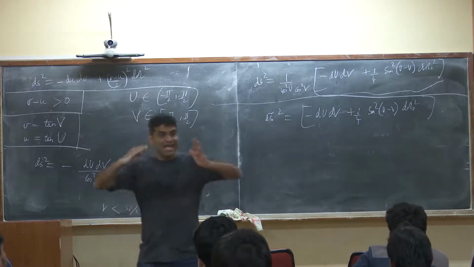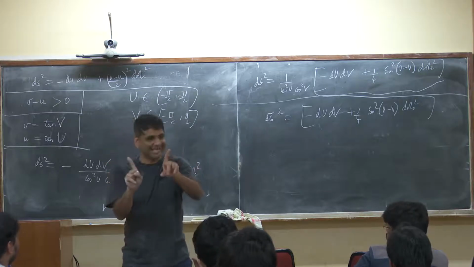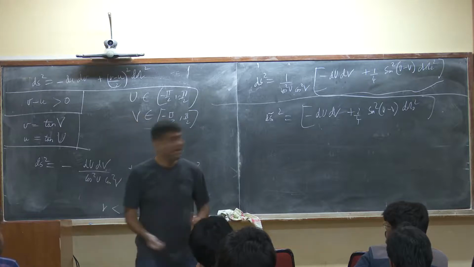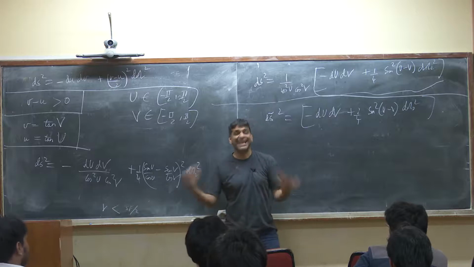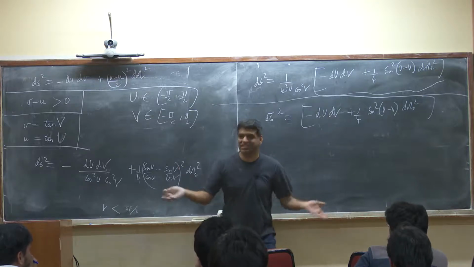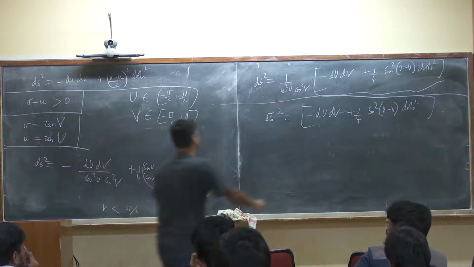Because you see, the question of whether two points are time-like, light-like, or space-like separated infinitesimally is preserved by multiplying by an overall factor, because it's just a question of signs of ds square. And signs are not changing, as long as the overall factor is positive, which it is here.